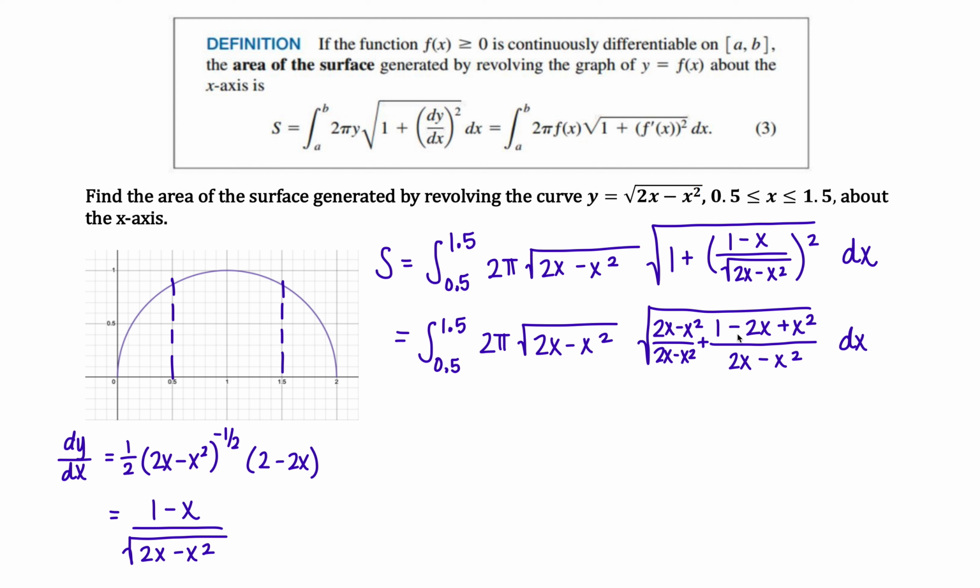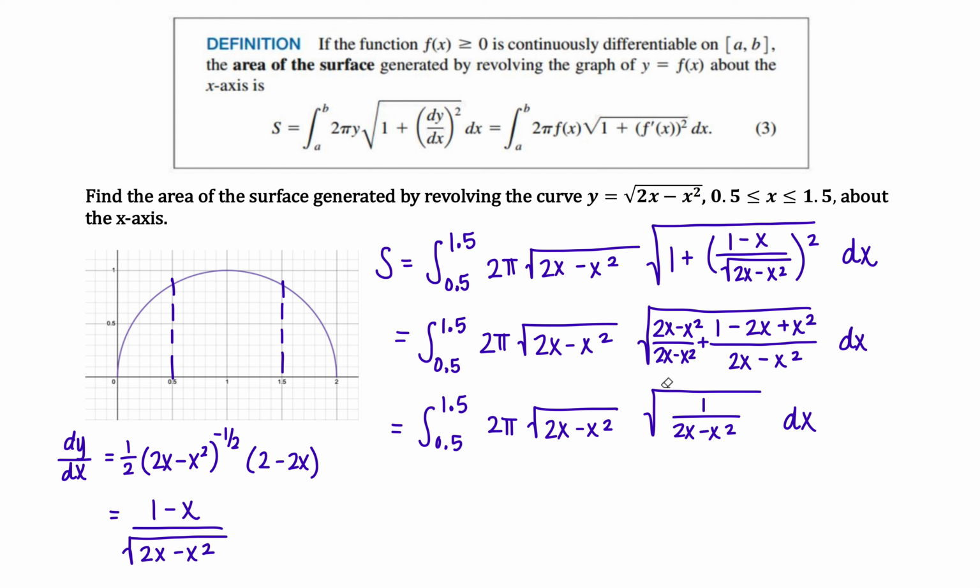I'm just left with a 1. So let me just go ahead and rewrite that, just showing what it's going to look like. So when I bring that together as one fraction, I just have 1 over 2x minus x squared.